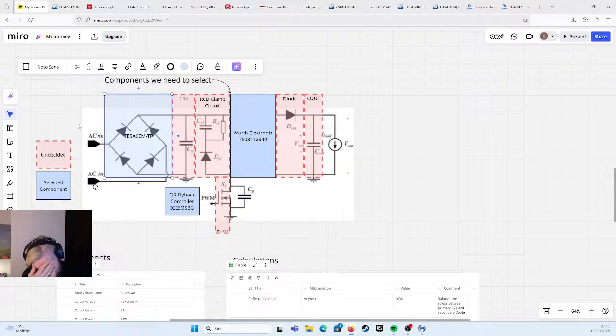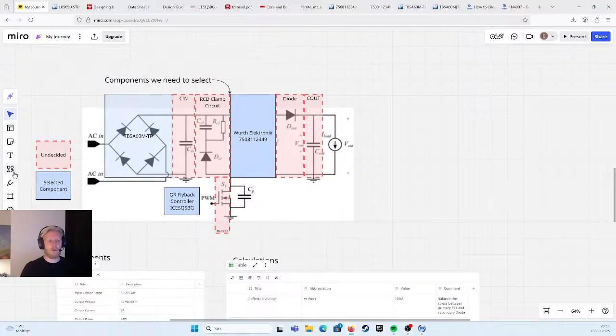No, wait. AC in. So it will go like this. Right?